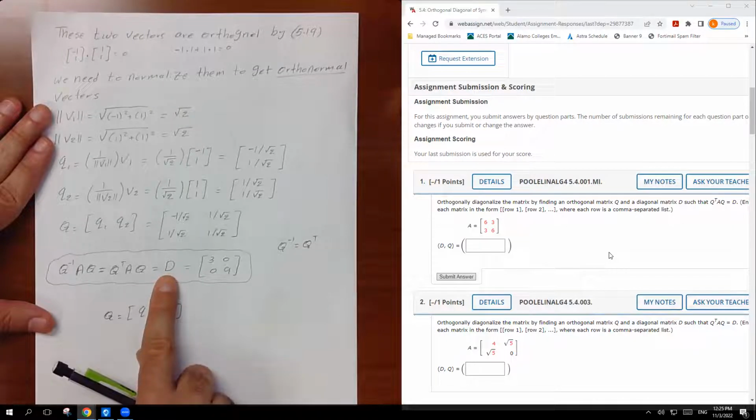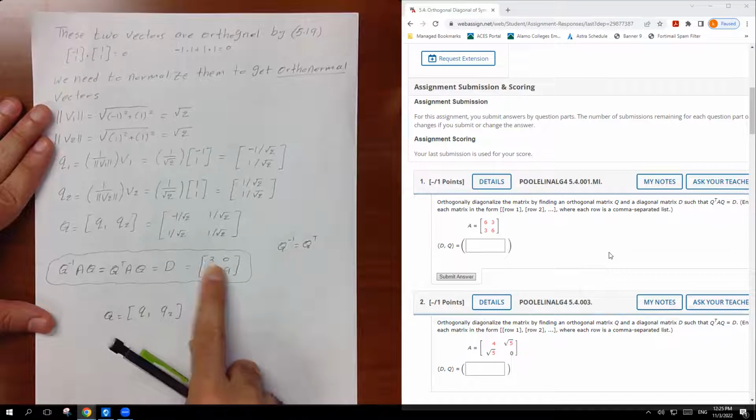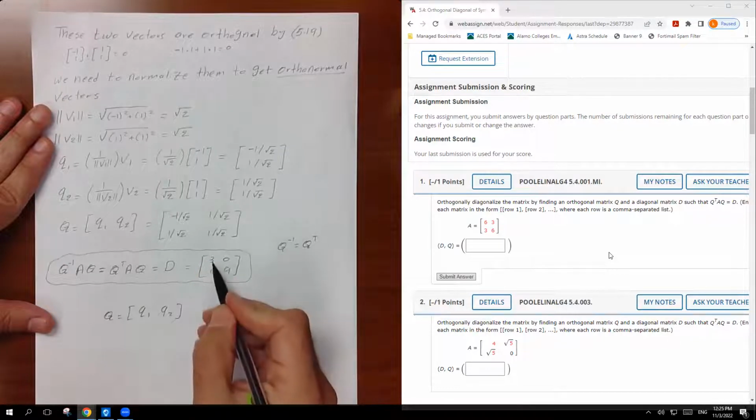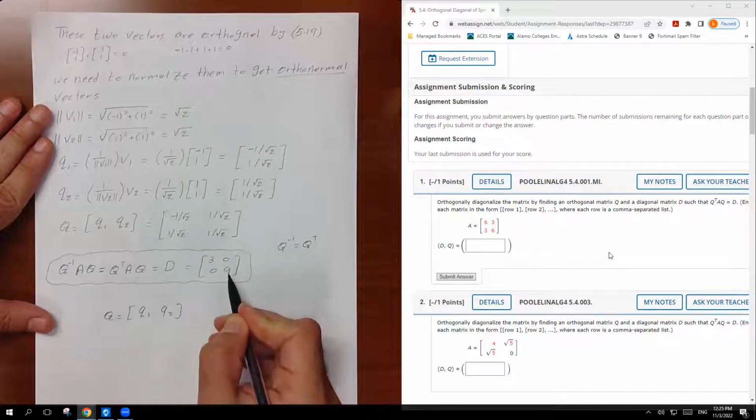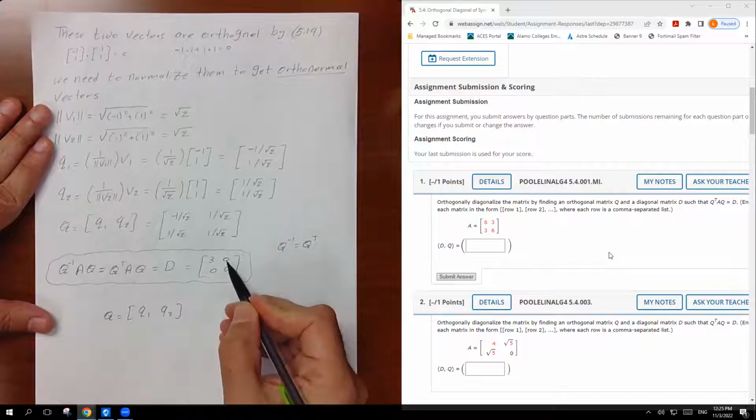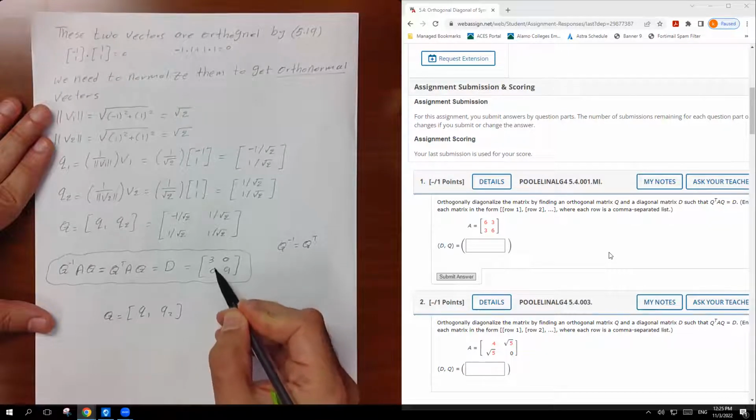The diagonal matrix, the diagonal entries are going to be equal to the eigenvalues, which are 3 and 9. And it's a symmetric matrix, so always these off-diagonal elements equal 0.